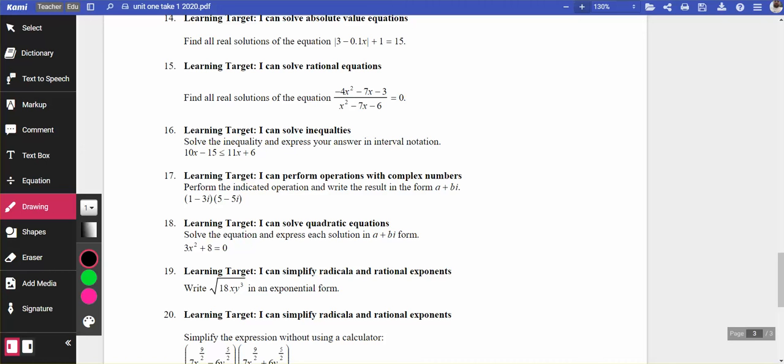But you don't even really have to do that, because when you solve for this, you only have to solve for the numerator. So you've got negative 4x squared minus 7x minus 3 equals 0. Now you factor that, or you do it by completing the square, or you do the quadratic formula, whichever way you want to do it. The most important part about this is that you go back and check your answers.